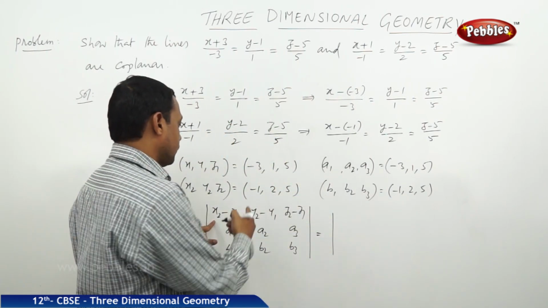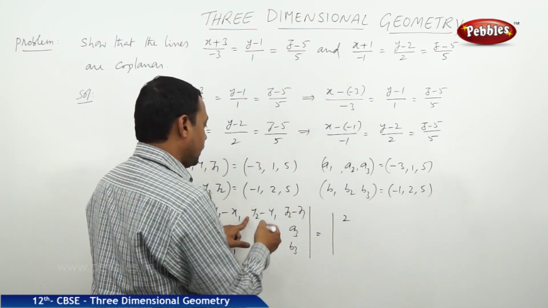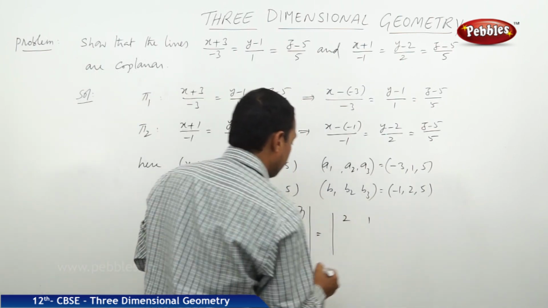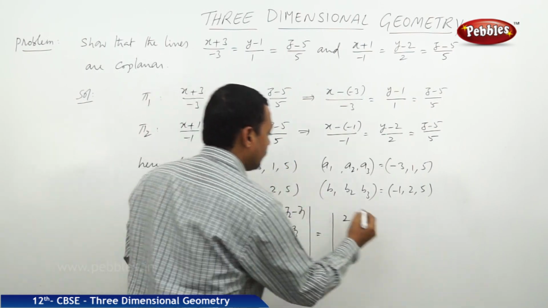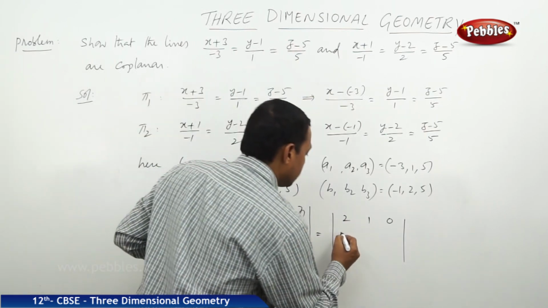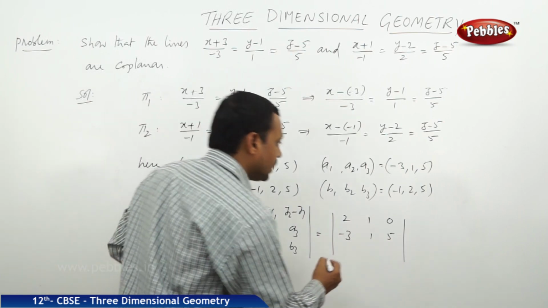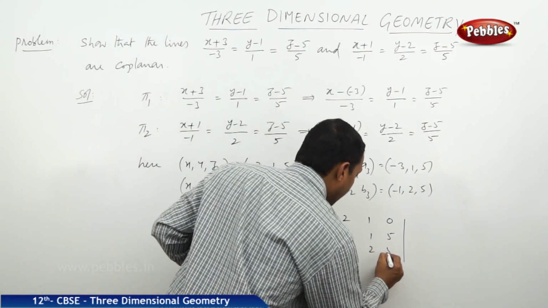The first row is x2-x1 = -1+3 = 2, y2-y1 = 2-1 = 1, z2-z1 = 5-5 = 0; the second row is -3, 1, 5; the third row is -1, 2, 5.